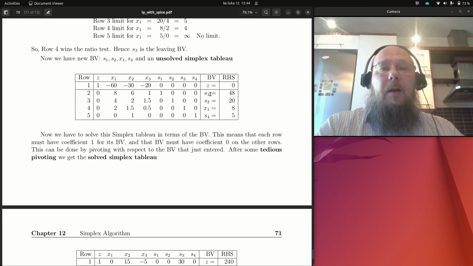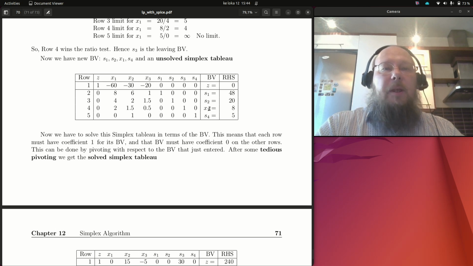It means that S1 should appear only in row 2. Well, it's already like that. S2 should only appear in row 3. So here 1, otherwise zeros, that's okay. S4, the same thing, that's okay also. It only appears in row 5, because here is 1 and otherwise 0.